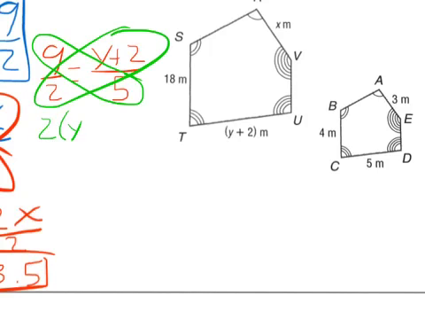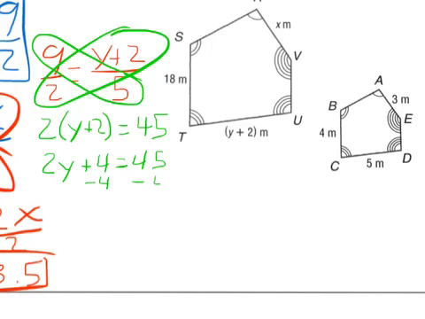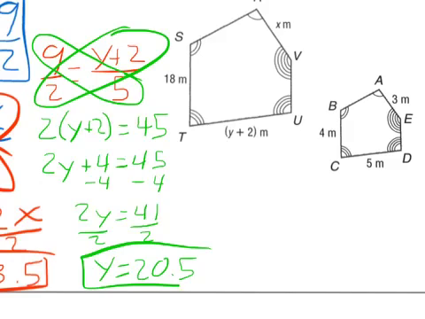I get 2 times y plus 2 equals 9 times 5, which is 45. Distribute that 2. Subtract 4. Subtract 4. 2y equals 41. Divide by 2, and I get y equals 20.5.